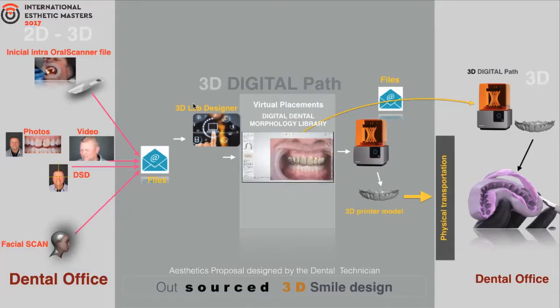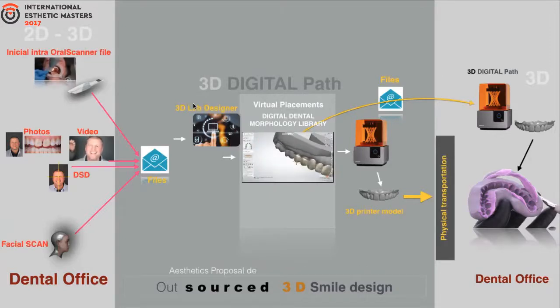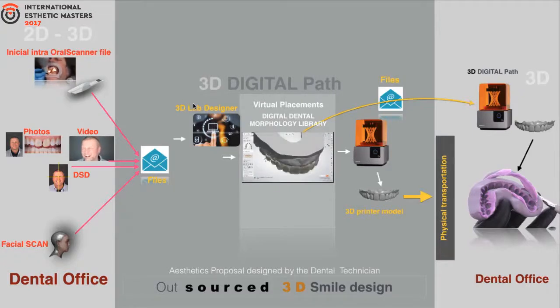Now, the only thing the dentist needs to make is a silicone index based on the 3D printed model. He will place it directly in the patient's mouth, and thus will have the first mockup for the first smile outcome simulation.